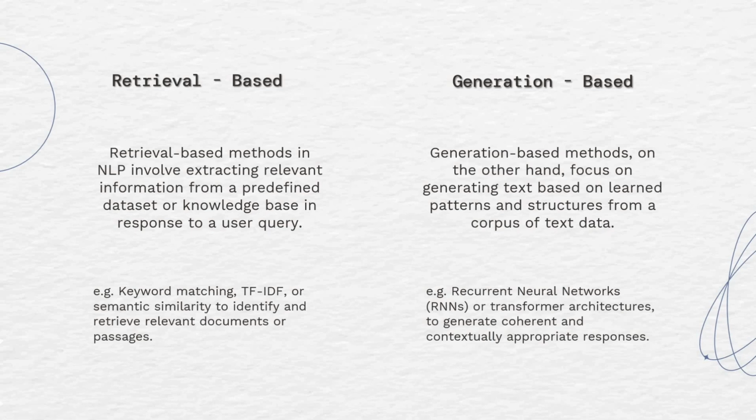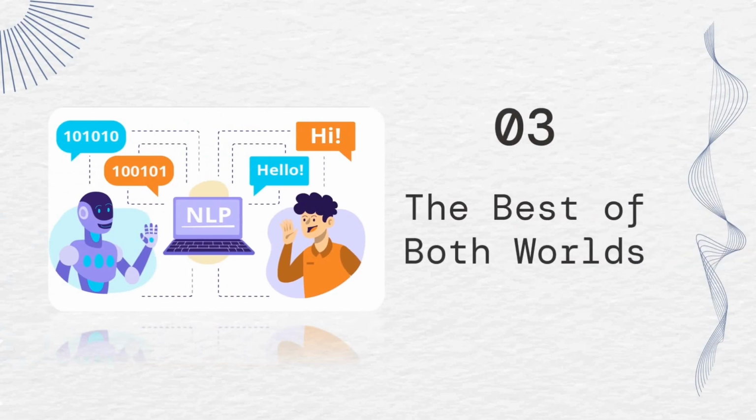So where retrieval fails, the generation comes into play, and vice versa. And RAG combines the strengths of both of these methods. This takes us to our next topic, which is the best of both worlds.